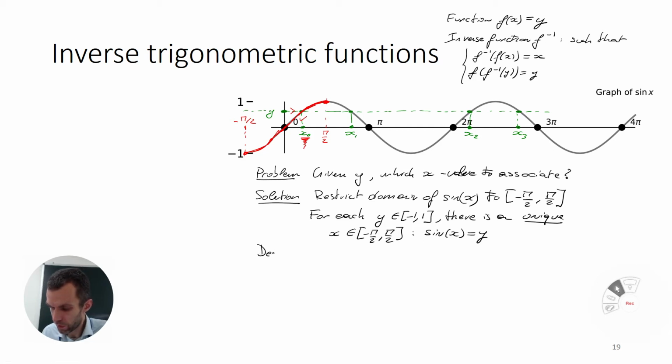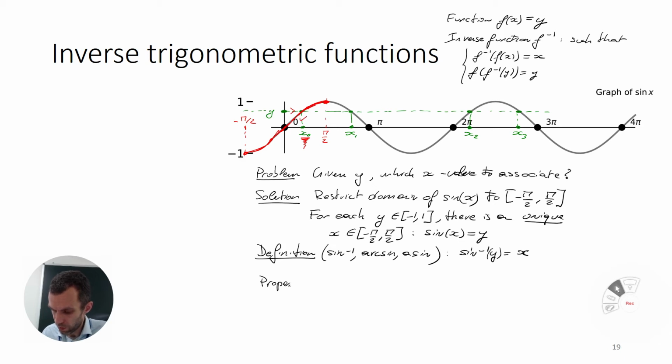And now with that convention, we can define the inverse sine, which is sometimes also denoted as the arc sine or the A sine. We can define this as sine inverse of y is equal to that value x. So sine takes x and turns it into y, sine inverse takes y and gives you back x. This is defined for all y between minus 1 and plus 1.